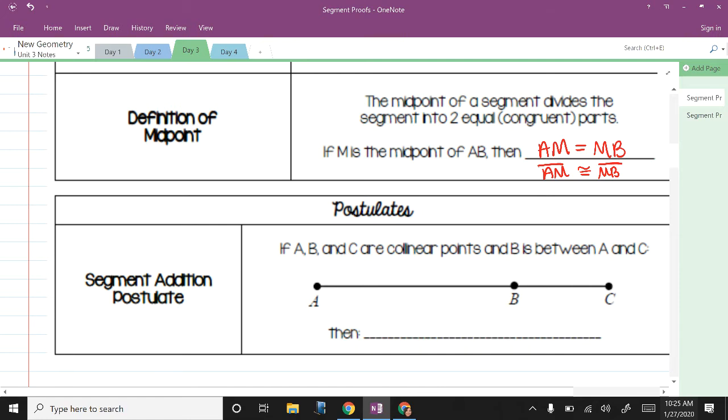So the two little ones make up the whole thing. So the length of AB plus the length of what? BC equals the length of what? AC. Okay, so you're talking about measures here, so we're going to use an equal sign. Good job.